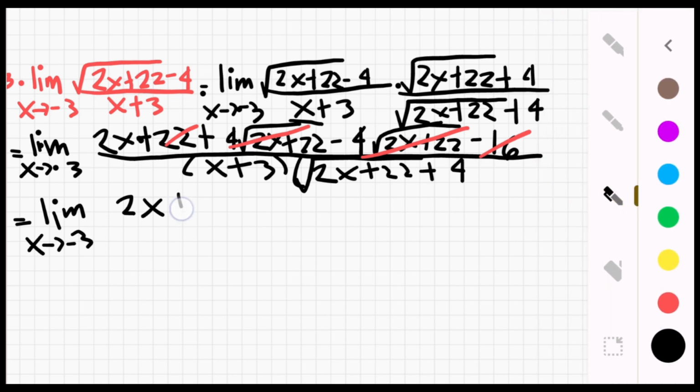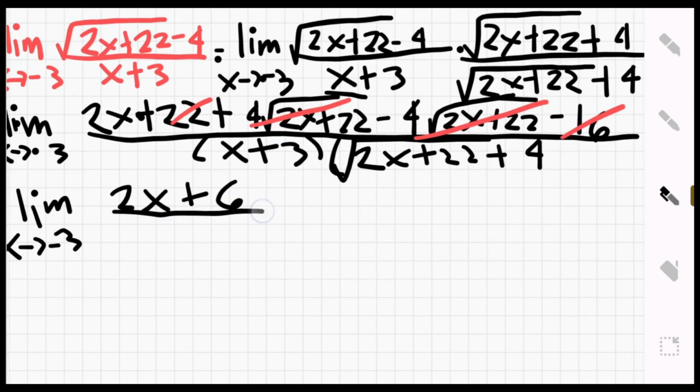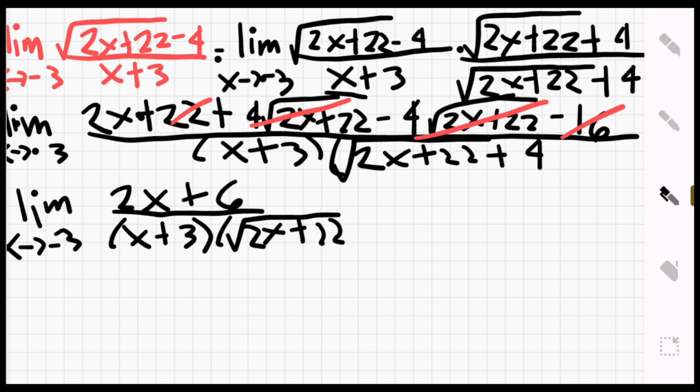So we'll have 2x plus 6. Then we'll just copy the denominator. x plus 3 times the quantity of square root of 2x plus 22 plus 4.